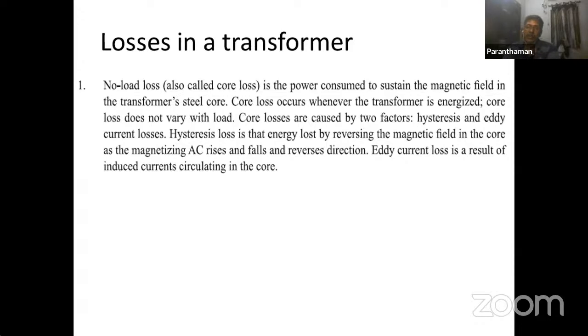When we are laminating it, the closed path of the eddy current will get more resistance to the flow of eddy current. Otherwise, we could have it as a solid square shaped shaft. That's why we are laminating it.